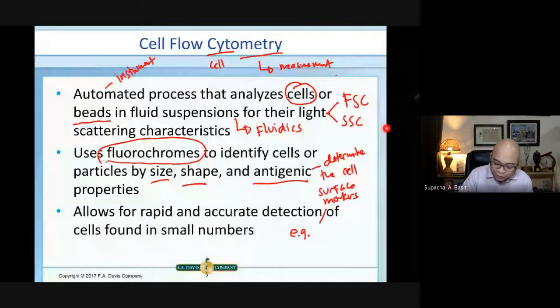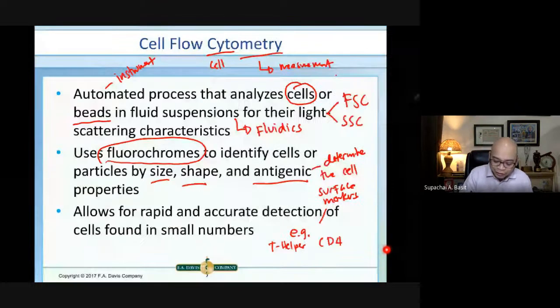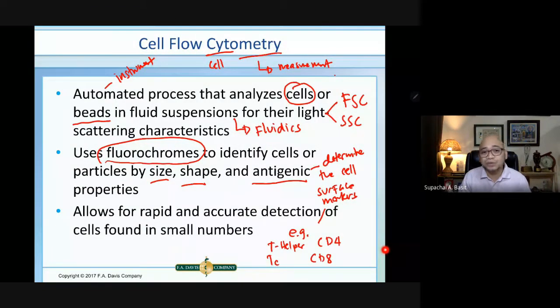For example, if we're talking about T helper cell, the cell surface marker is CD4. Or if you are talking about cytotoxic T cell, then the cell surface marker is CD8. So this can also be identified in flow cytometry.